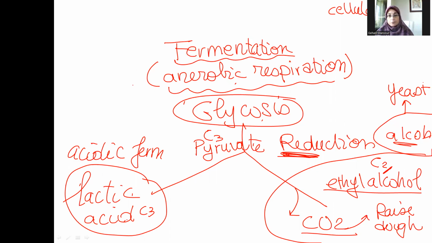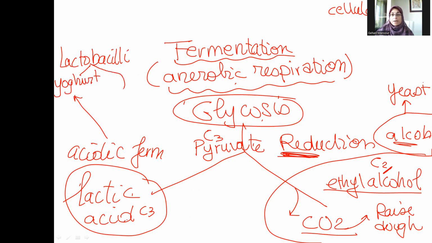Whereas acidic fermentation occurs in bacteria, in lactobacilli, and we can use lactobacilli in yogurt preparation because the acidity helps curdling of milk and production of yogurt. But lactobacilli are also present in the mouth cavity.